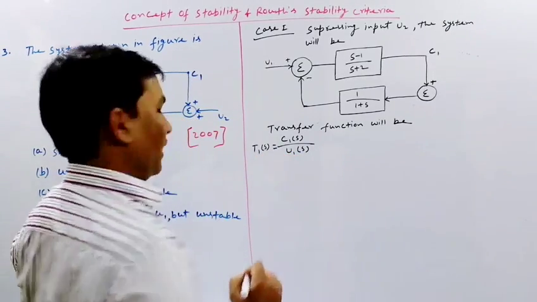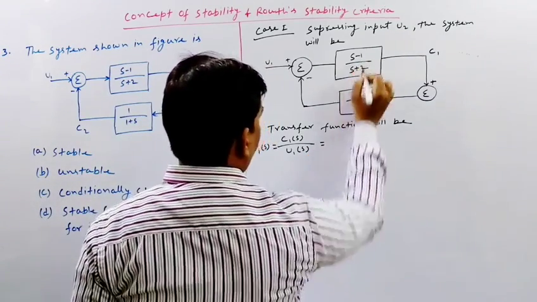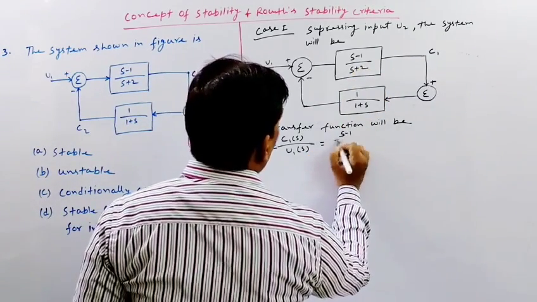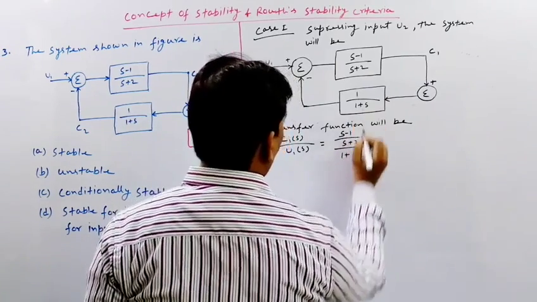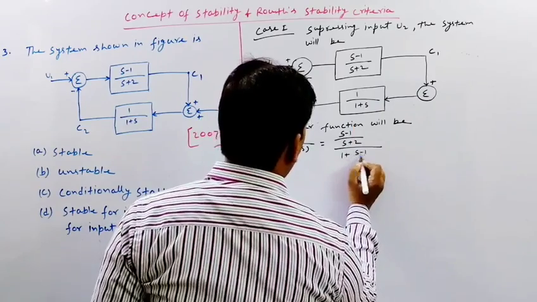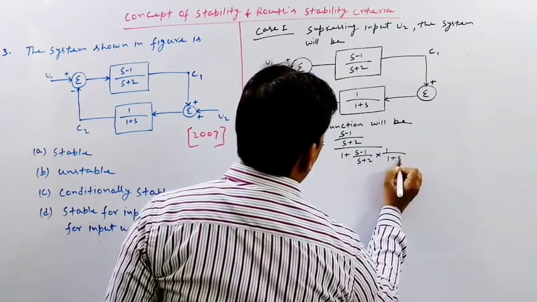So T1(s) will be G(s) divided by 1 plus G(s) H(s), so (s minus 1) divided by (s plus 2) into 1 by (1 plus s).